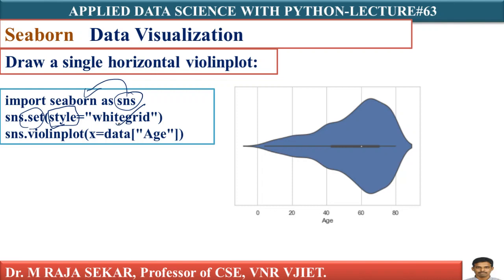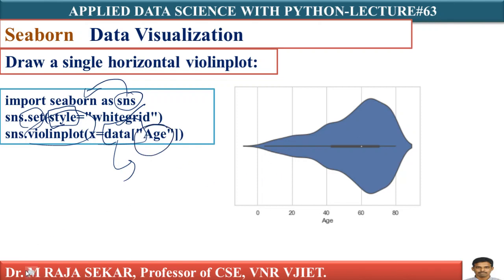I already explained this is the name of the theme. This white grid is better suited to plots with heavy data elements. sns.violinplot, on the x-axis, this data means the data frame name. Age is a variable in the toyota.csv file.